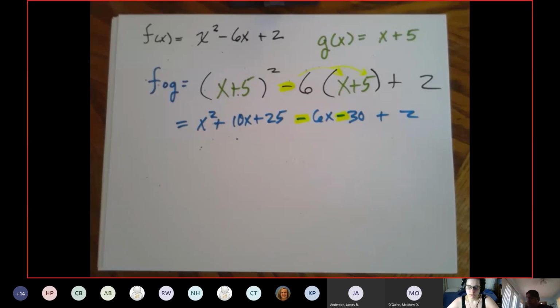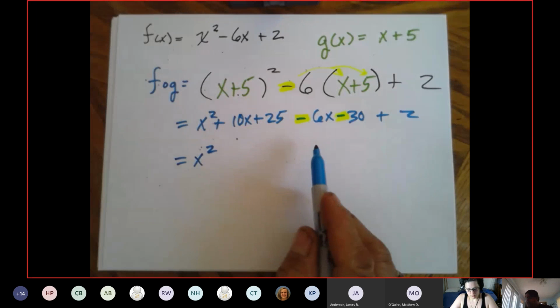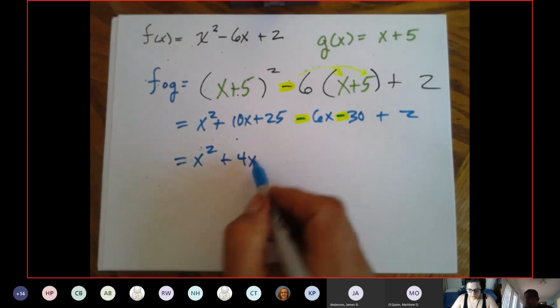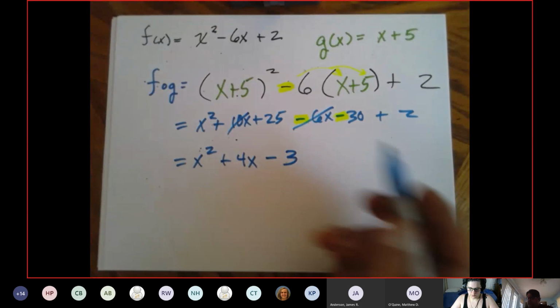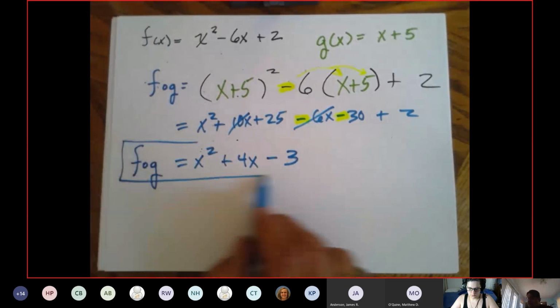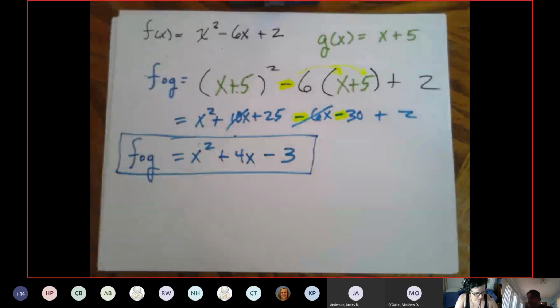So now you just combine like terms. x squared, 10x minus 6x is 4x. 25 minus 30 is negative 5. Negative 5 plus 2 is negative 3, and you feel good about yourself.